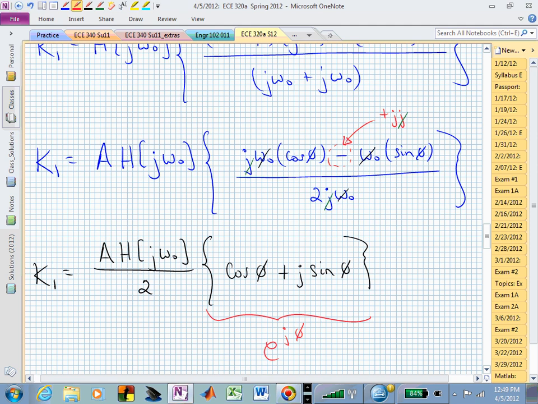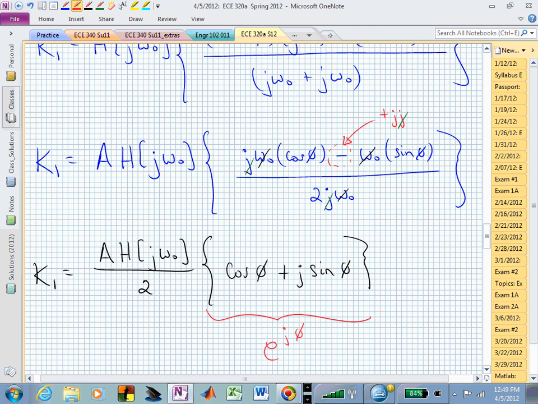And now I have a concise expression for this partial fraction expansion coefficient, k sub 1, that I was looking for. I simply have it in terms of the amplitude of my exciting input signal, capital A.